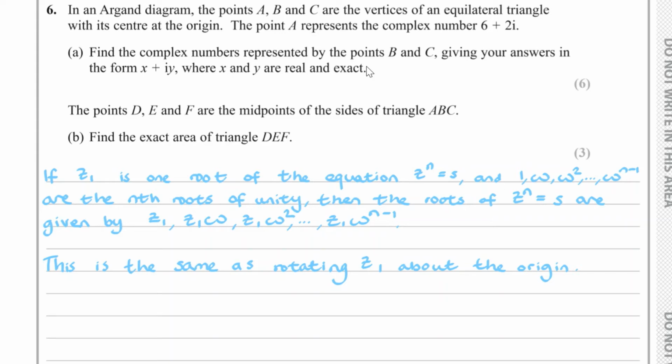Now, of course, we've got 3 points on the triangle, okay? And if we've got 3 points, that means somewhere we've got a cube root of an equation. Hopefully this should make sense. So, what's the best way of explaining it?